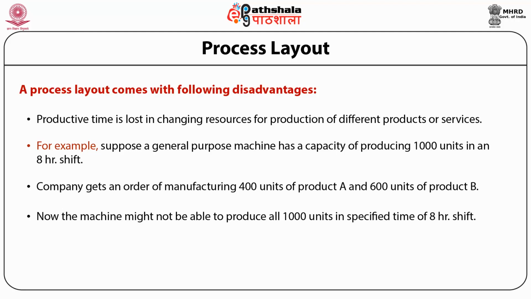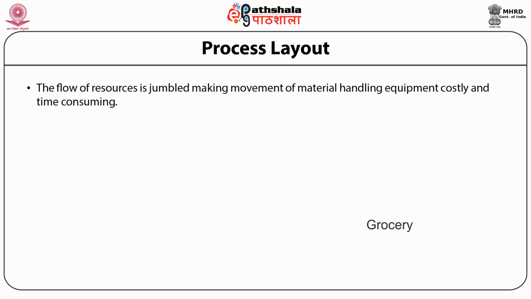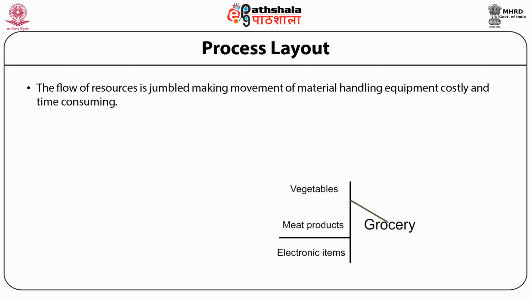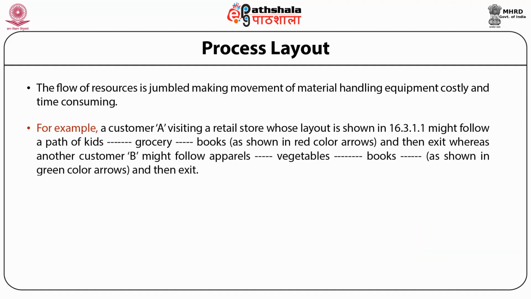The company gets an order of manufacturing 400 units of product A and 600 units of product B. Now the machine might not be able to produce all 1000 units in the specified time of an 8-hour shift. Some productive time might be lost in changing or setting the machine for production of product B after manufacturing product A.